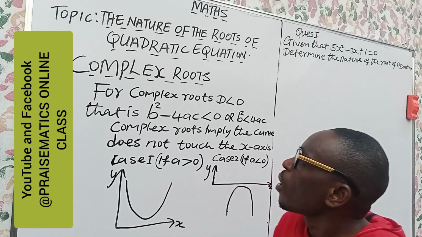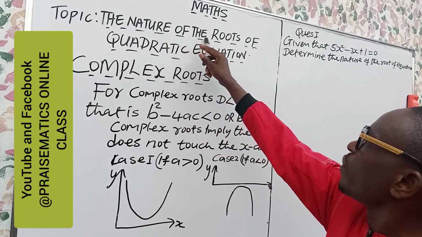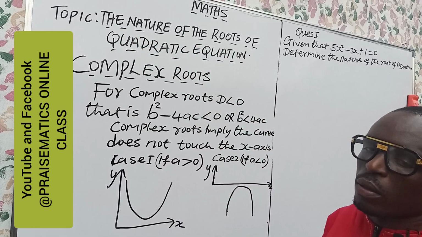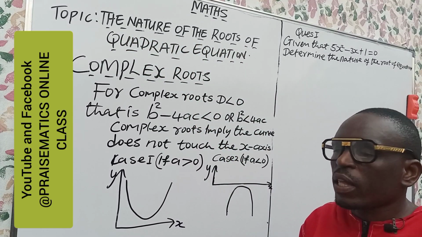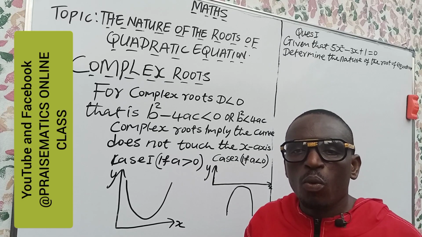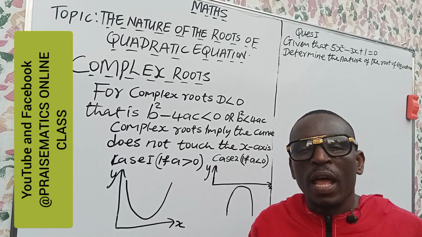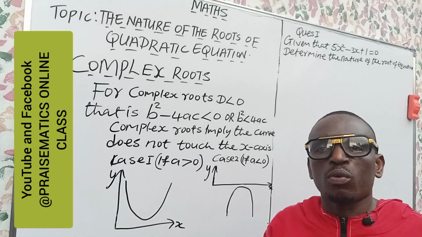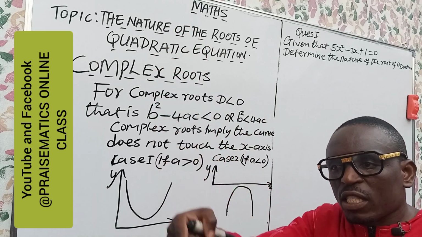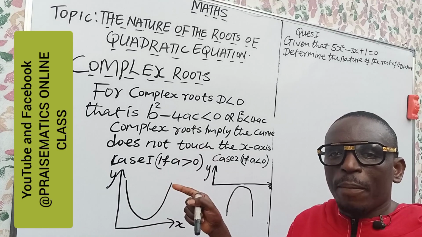In this class, we are on the topic, the nature of the roots of a quadratic equation. In our previous class, we treated the nature of the roots of the quadratic equation, where we have the distinct or different roots. In that case, the graph will pass through the x-axis and create what we call alpha and beta.